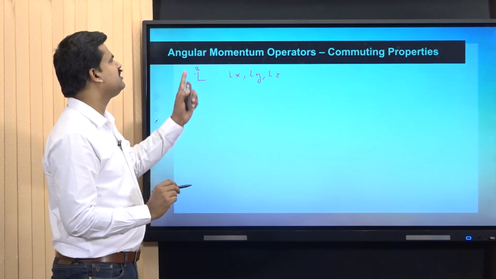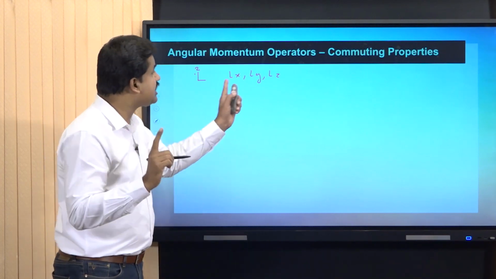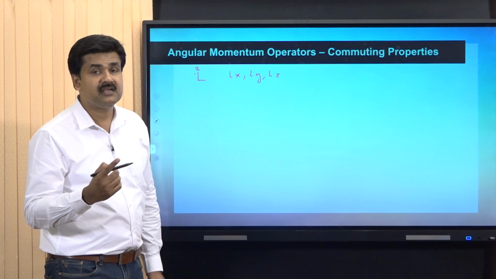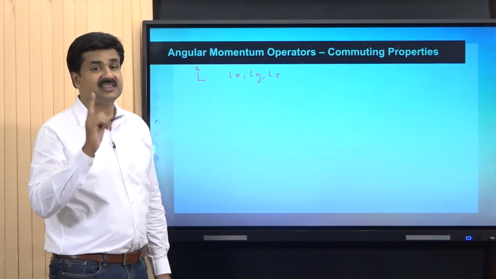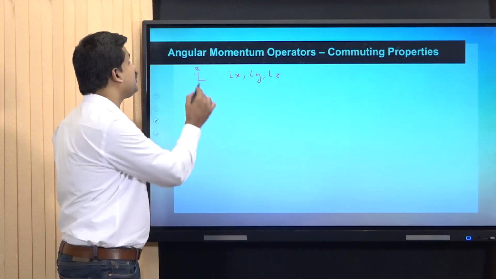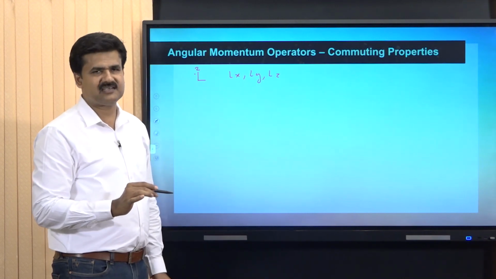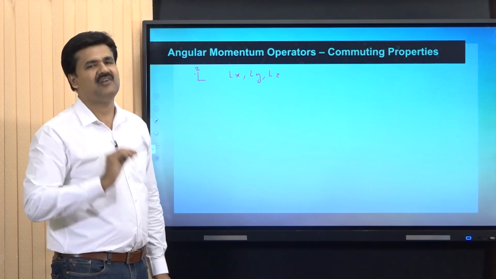Here, the square of the total angular momentum and any one component of angular momentum can be simultaneously and precisely determined. That means the commutator corresponding to L square and any one component operator of angular momentum has 0 value.